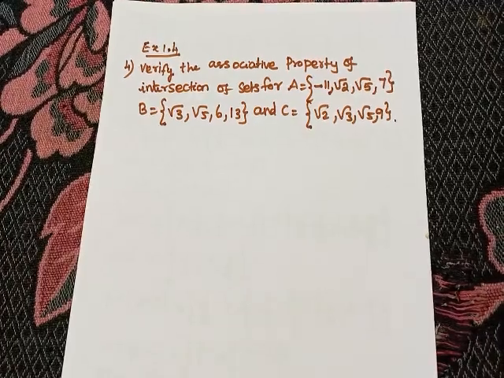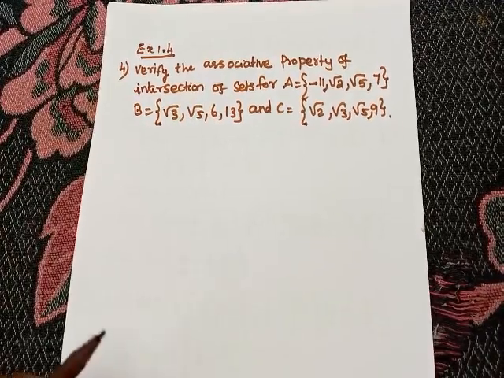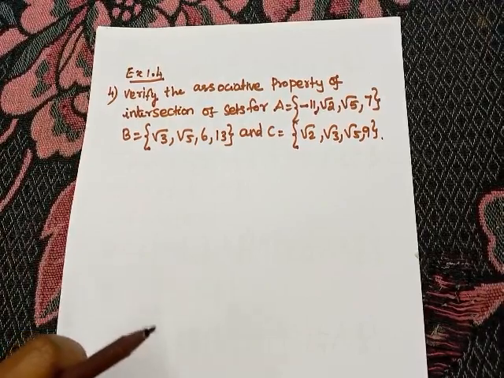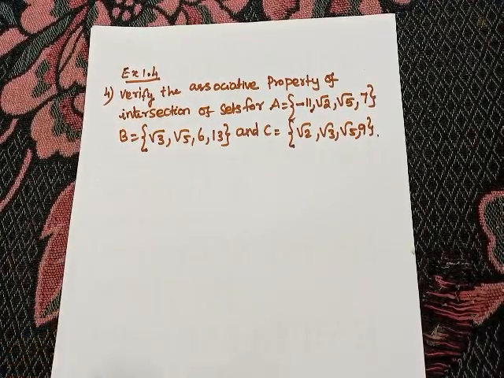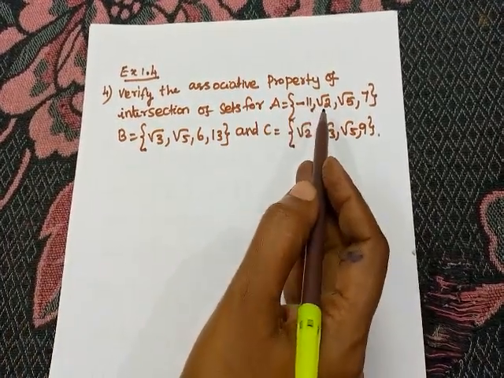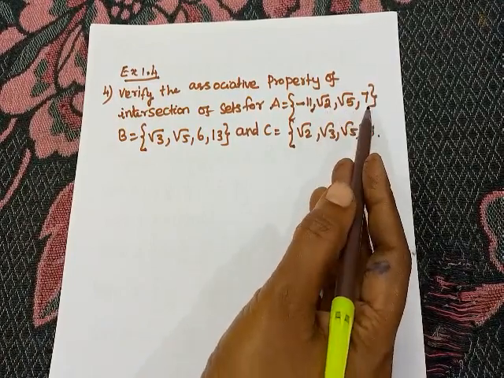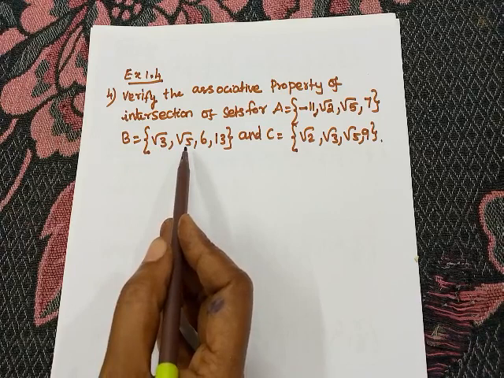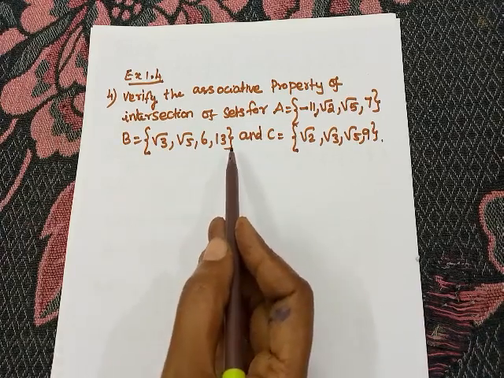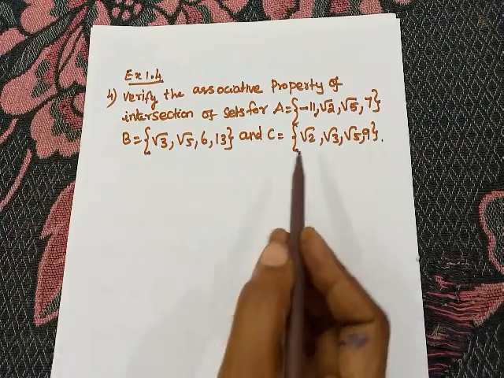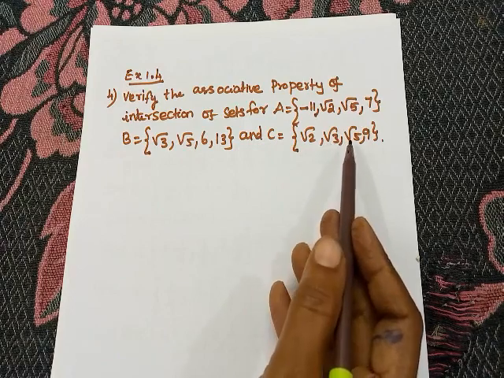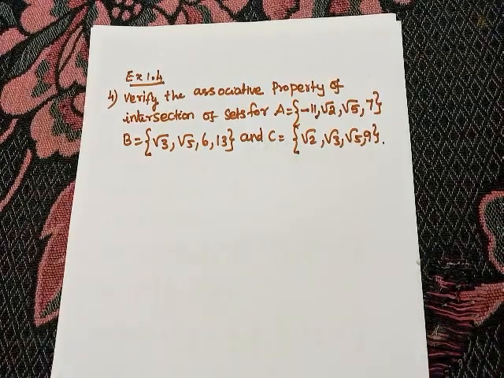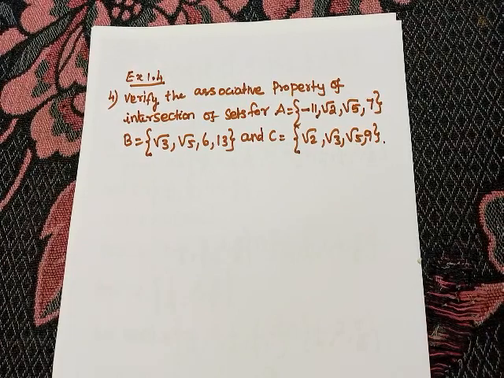The next question is exercise 1.4, question number 4. Verify the associative property of intersection of sets for A = {-11, root 2, root 5, 7}, B = {root 3, root 5, 6, 13} and C = {root 2, root 3, root 5, 9}. The same procedure as the last question we have to use.